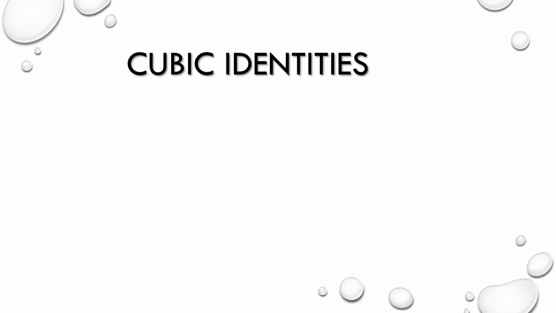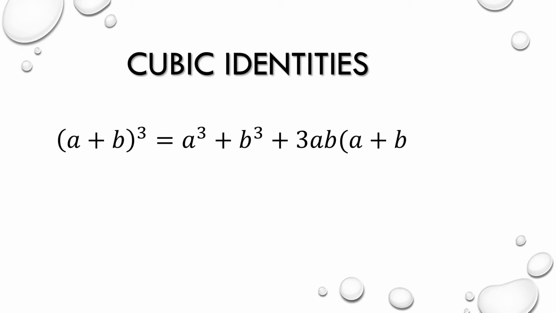Now let's learn about the cubic identities. First one is a plus b whole cube, which is equal to a cube plus b cube plus 3ab bracket a plus b. If we open the bracket, if we multiply 3ab with a and 3ab with b, we can simplify it further.